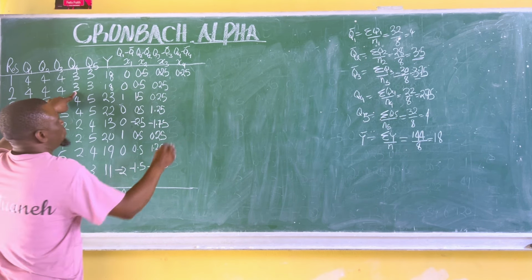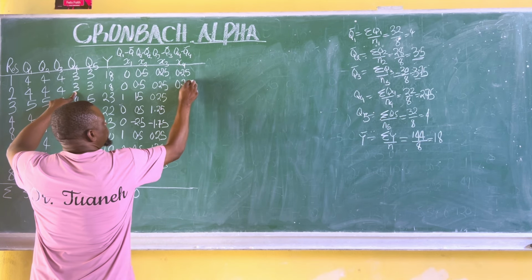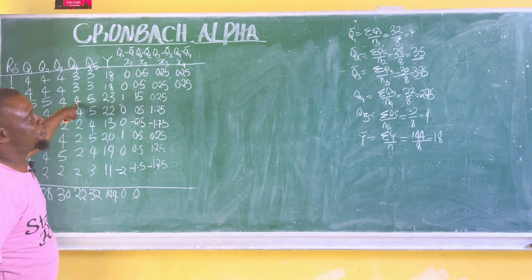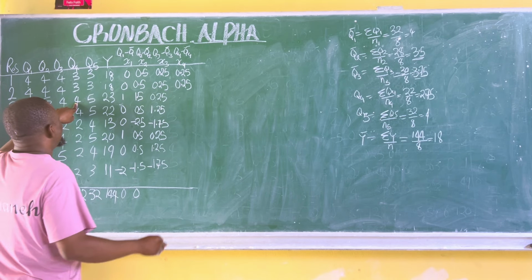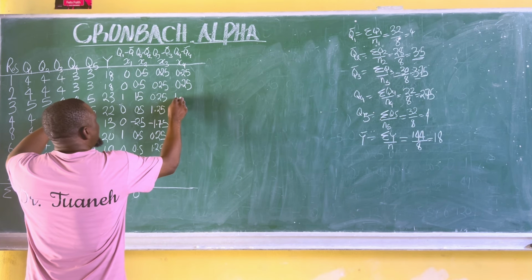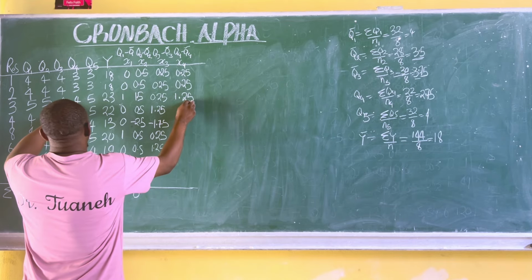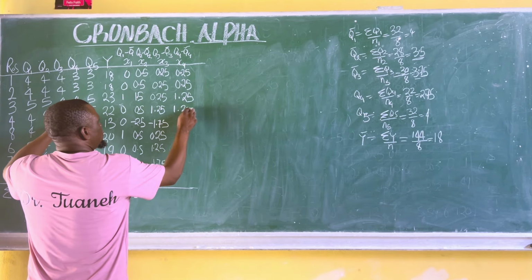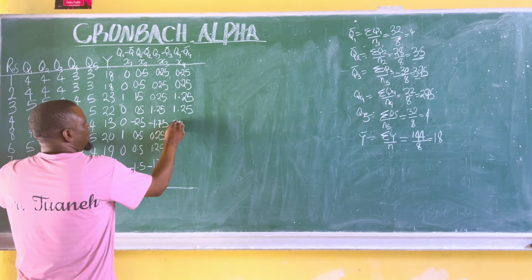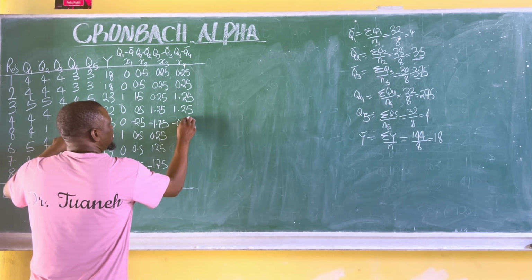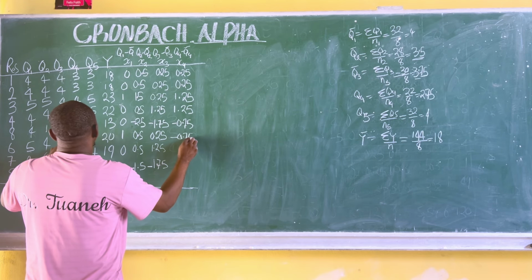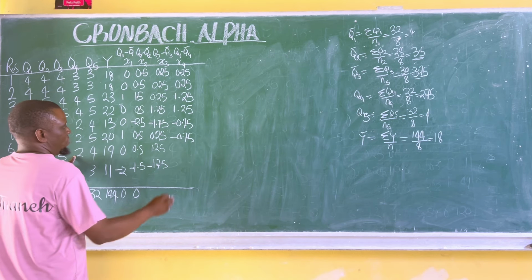Then this is also 0.25. 4 minus 2.75, 1.25. This is also 1.25. Then 2 minus 2.75, minus 0.75, minus 0.75. And then here we also have minus 0.75.